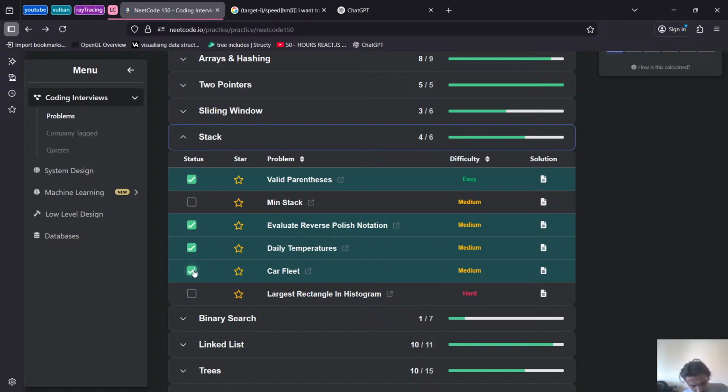Position of the target. So sort the vector, sort the vector.